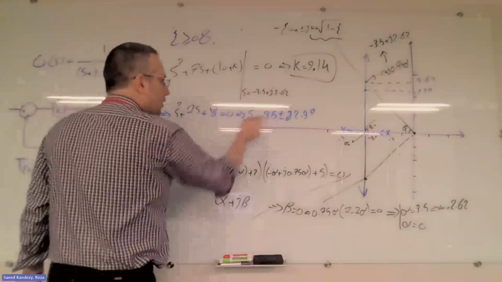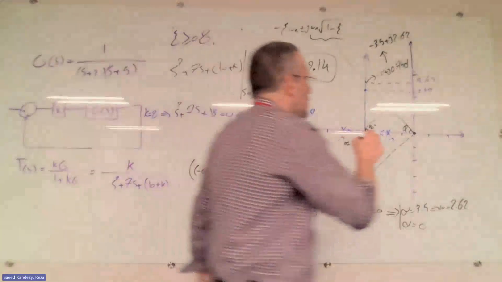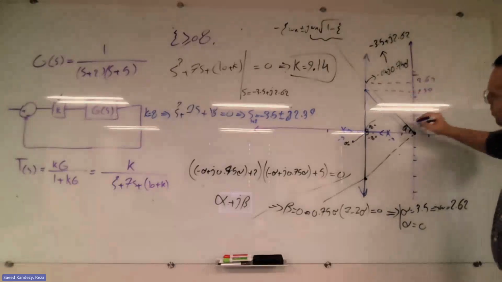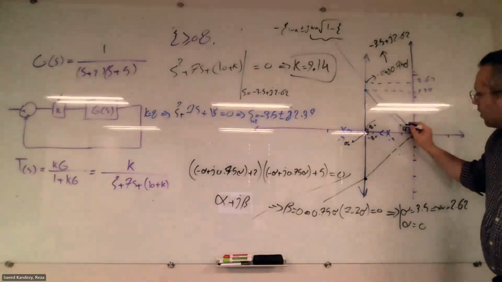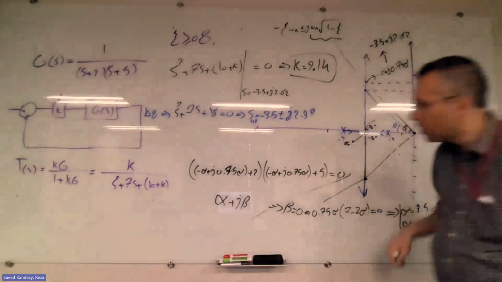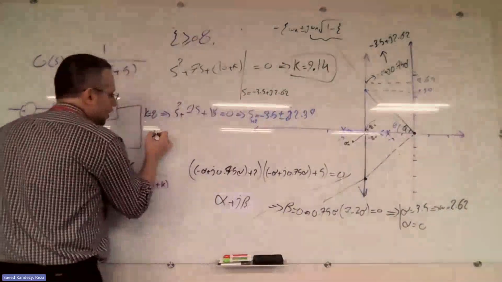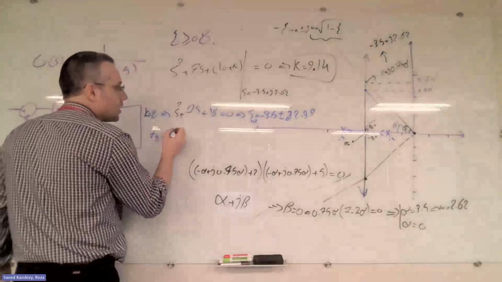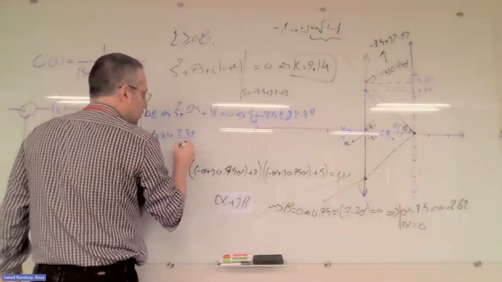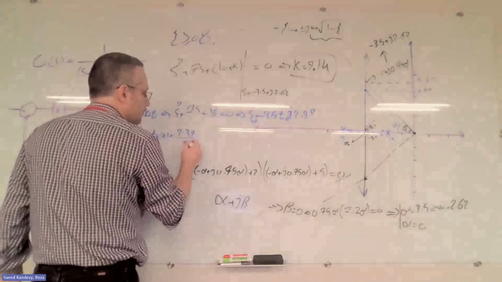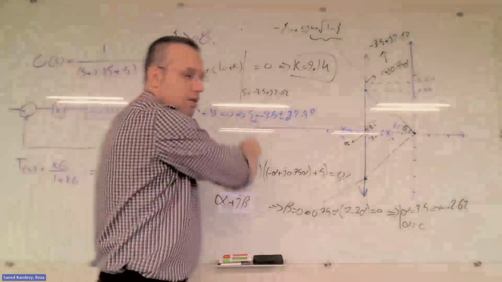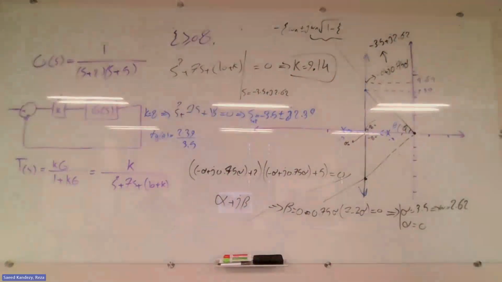Now, what is the phi of that? If I connect a line from the 0 to that point and call this theta, what would be theta? We know that the tangent of that theta is going to be 2.39 over 3.5. Why don't I put this minus? Can anyone point it out?